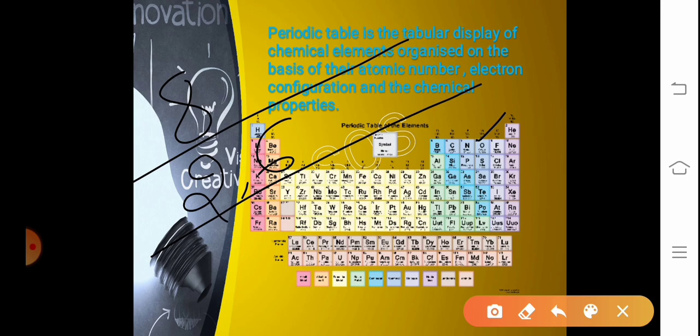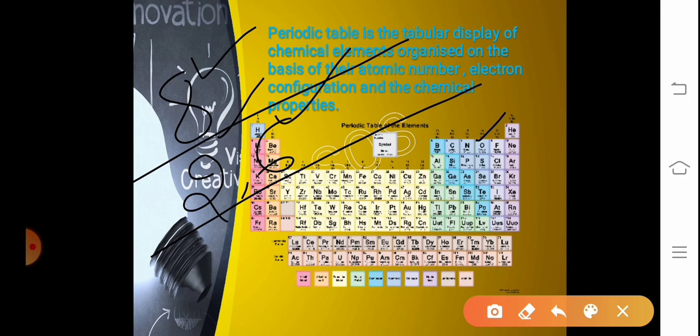On the first shell we can accommodate 2 electrons, and on the second shell we can accommodate 6 electrons, because there are 8 electrons in total. So this is how we write the electronic configuration. I will teach you this in detail in further slides. For now I just give an introduction, because you're already aware of these topics, atomic number and electronic configuration, correct?